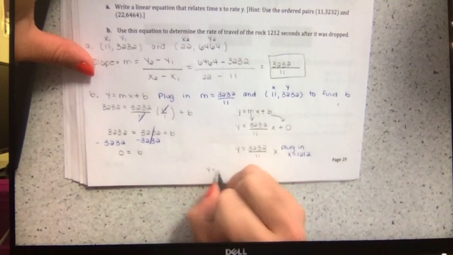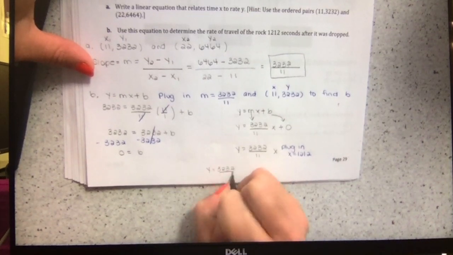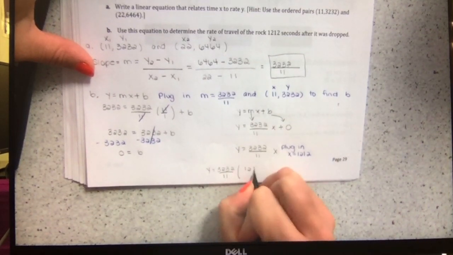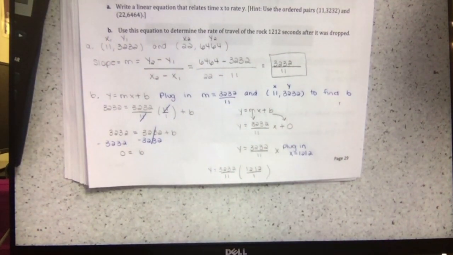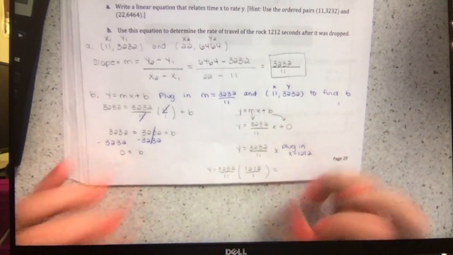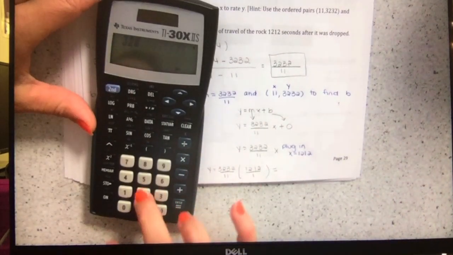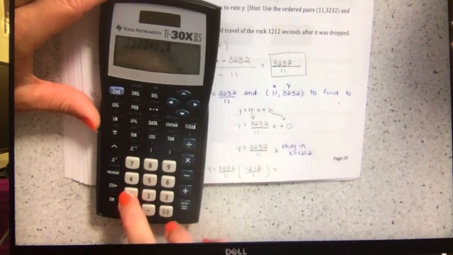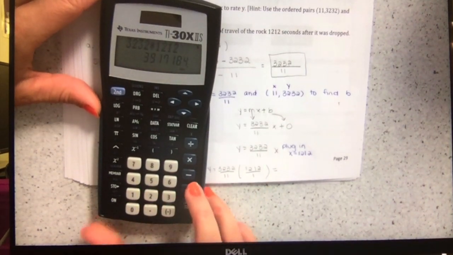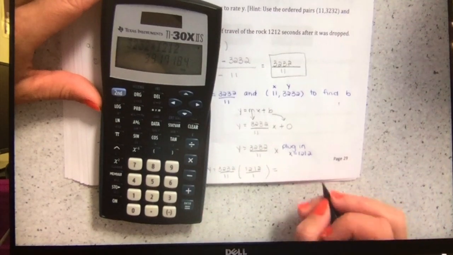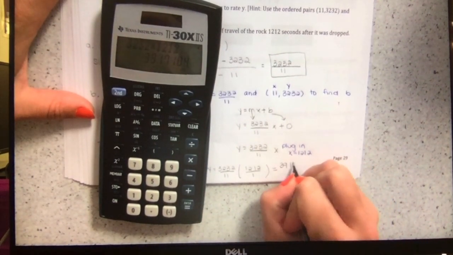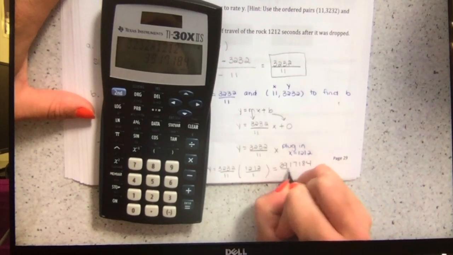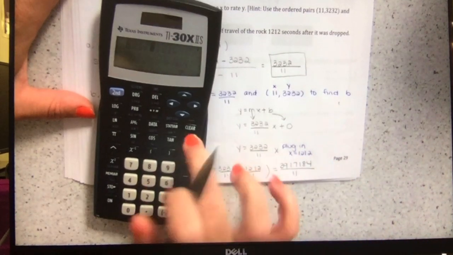So y equals 32 divided by 11 times 12. It helps to write it as 12 over 1, so that whenever we multiply fractions, we multiply straight across. So 32 times 12 equals that crazy number divided by 11. 384 all over 11 times 1, which is 11.